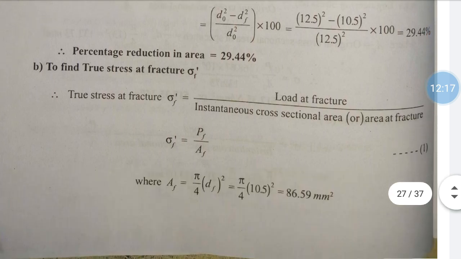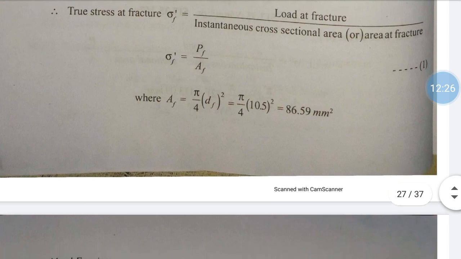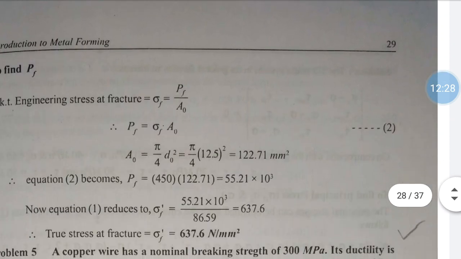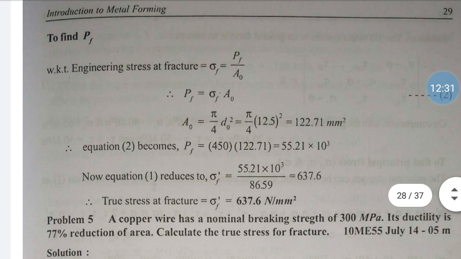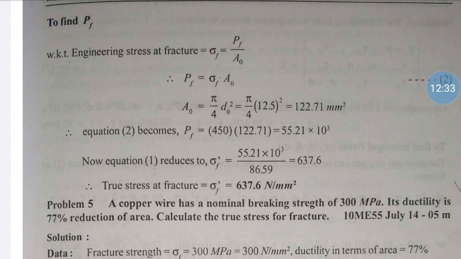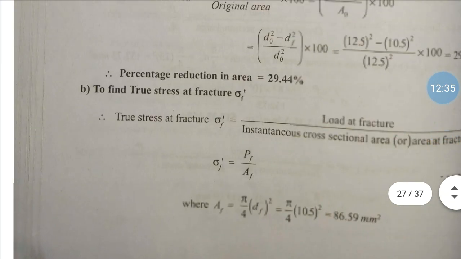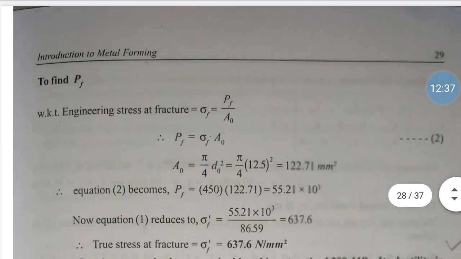Okay, next is true strain at fracture, you need to find out. Load at fracture, instantaneous cross-section area and other things. Next is engineering stress at fracture. This is true stress at fracture, this is engineering stress at fracture.